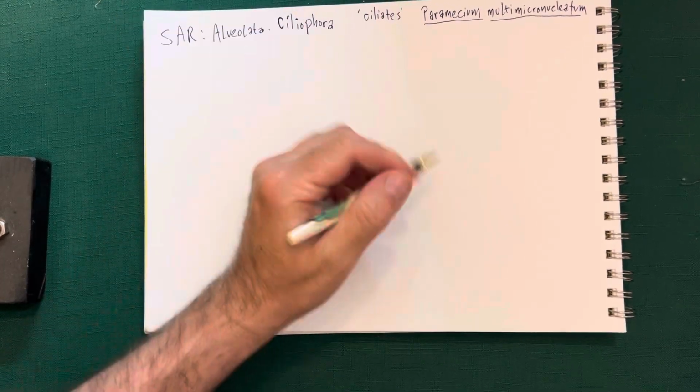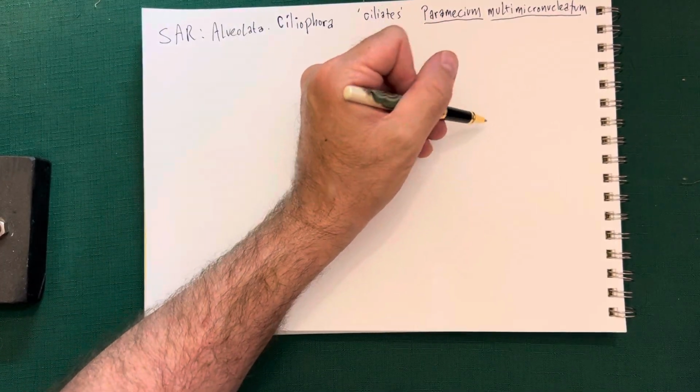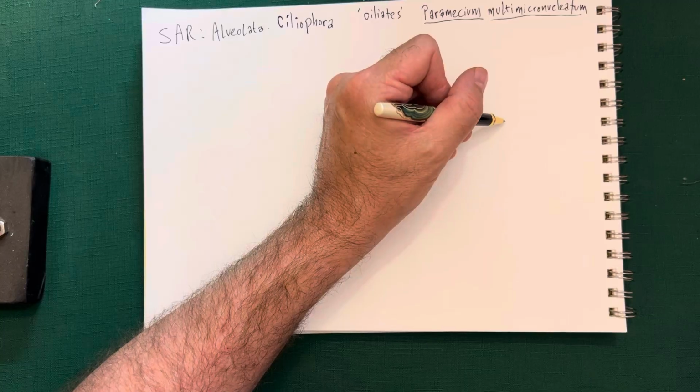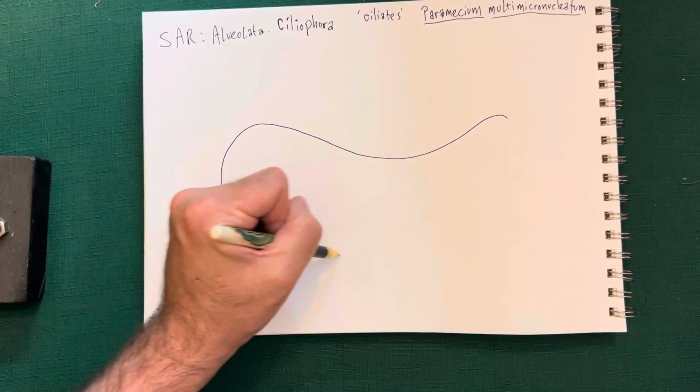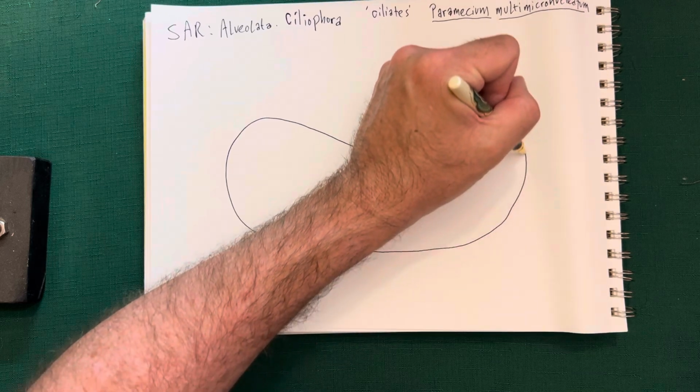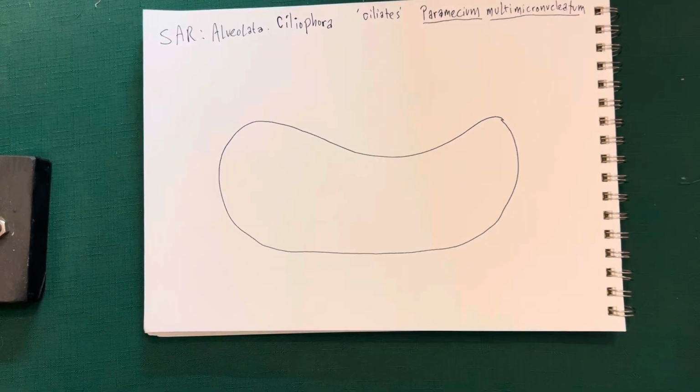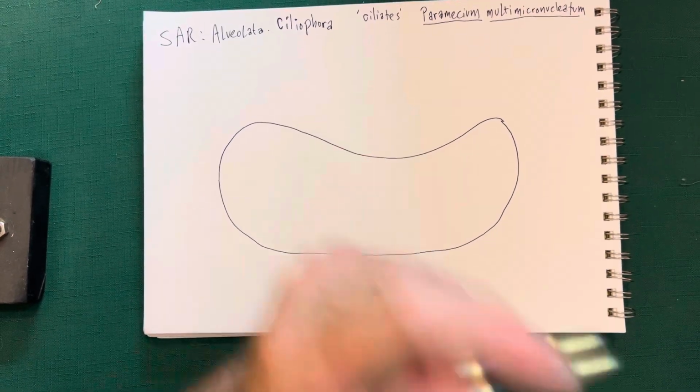Okay, so Paramecia are free-living, typically aquatic organisms. And we'll see something that we saw previously in Euglena. We're going to see that again.